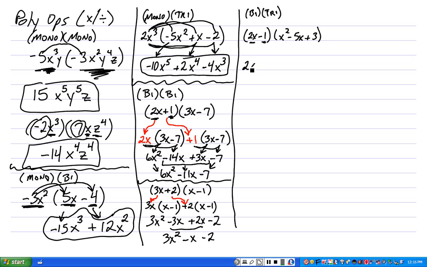So 2x, and each term out of the first, you're going to multiply by the entire second: x squared minus 5x plus 3. Now this is minus 1. See the minus sign in front, so you're going to write minus 1. That's going to be times whatever the following polynomial is.